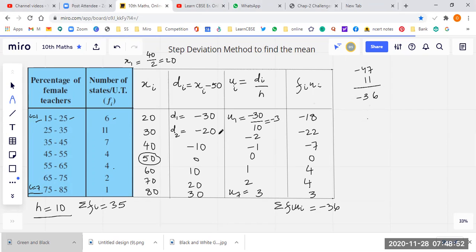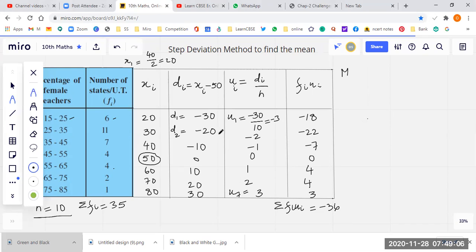Now students, I'll be telling you the formula, once again, how you calculate the mean by step deviation method. So mean by step deviation method, students, this is mean x bar.